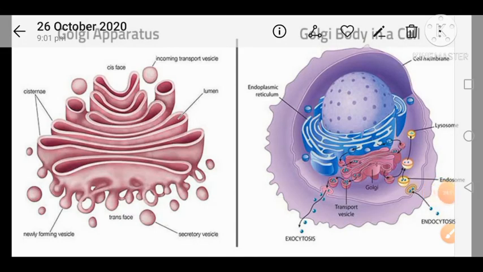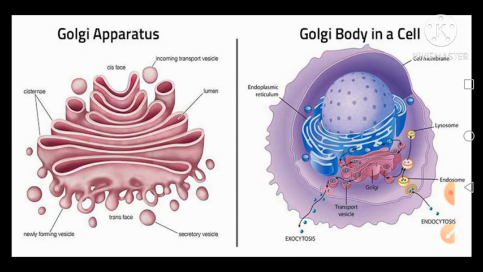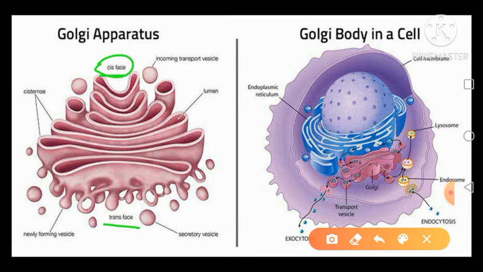Now see this figure on your screen, left hand side. This is a very important diagram. Now it is very easy to understand the trans face and cis face. The Golgi complex has the trans Golgi, the cis Golgi, and the medial Golgi.